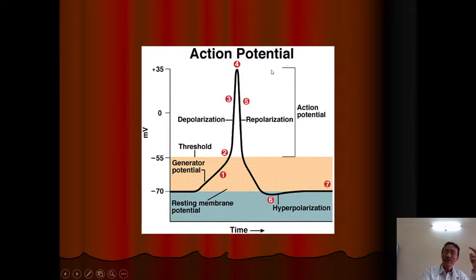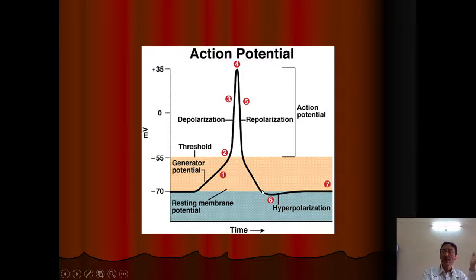So once at this point the potassium channels are open and the sodium channels close, further electropositivity does not happen, but now the potential starts falling down because of the loss of positive charges from inside to outside. So positive charges are lost from inside towards outside, so it becomes less and less electropositive, and there is electronegativity developing inside. This is called repolarization. So as the potassium channels keep opening, potassium diffuses from inside to outside till it reaches minus 70 millivolts.